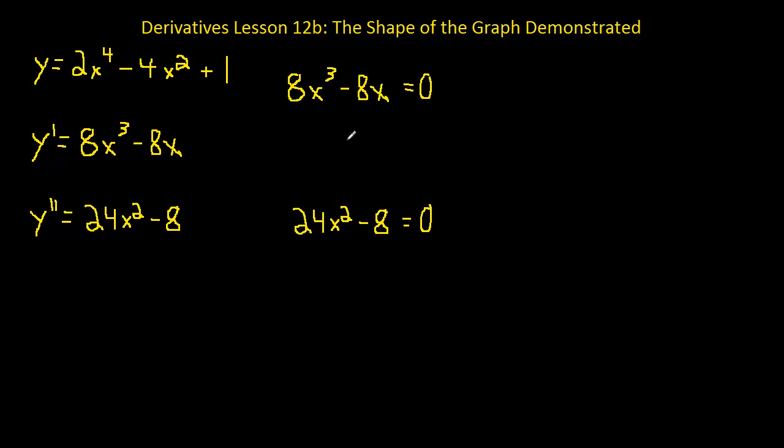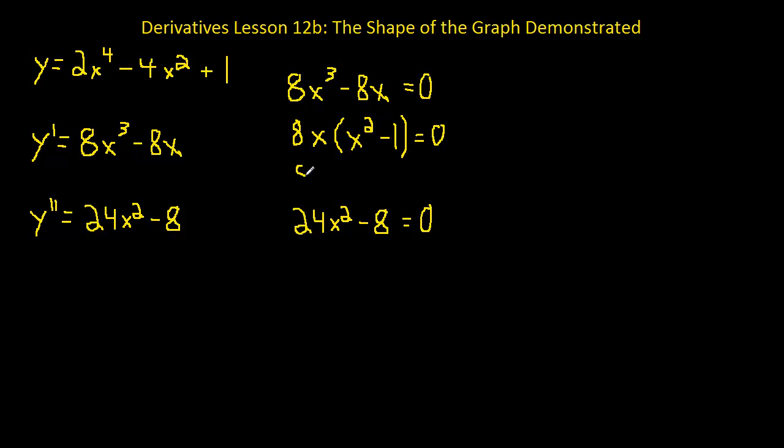We can factor this. So we get 8x squared minus, actually, let me rewrite this. We can factor an 8 and an x out, so we get x squared minus 1 equals 0.